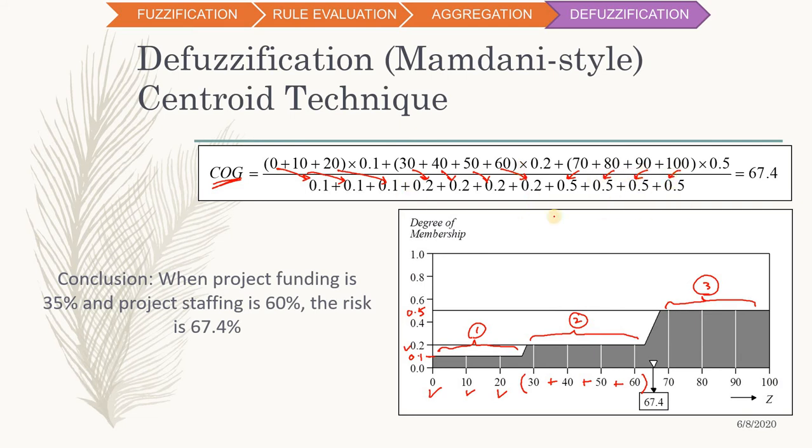This is the summation of the degrees of membership that you aggregated earlier. So once you have calculated this, you got the value of COG, that is 67.4.